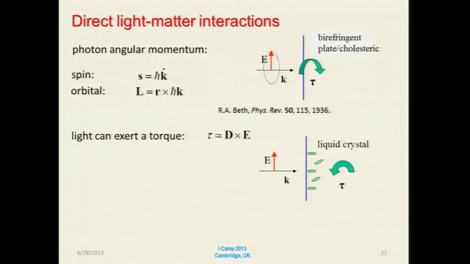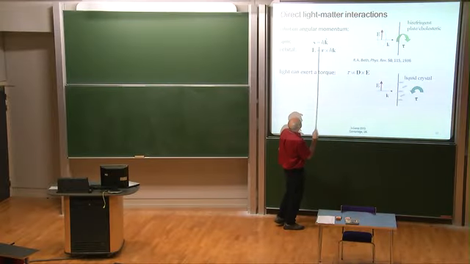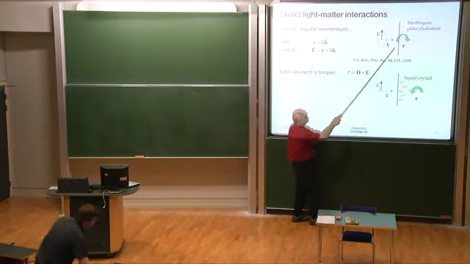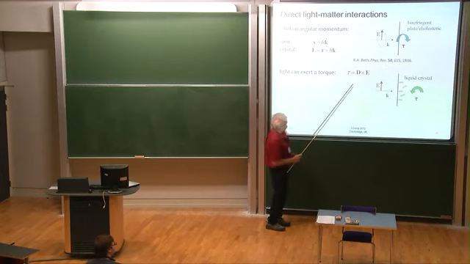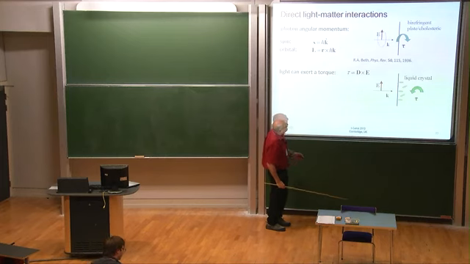And torques are similar. So photons have two sources of angular momentum. There's spin, h bar k hat, and orbital, which is just r cross p, the usual kind of angular momentum we associate with classical mechanics. Now, Beth showed back in '36 that if you shine circularly polarized light on birefringent plates, you can exert a torque. So that was a nice demonstration of angular momentum carried by light.